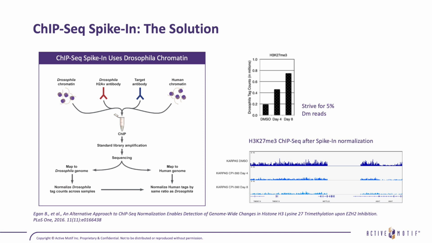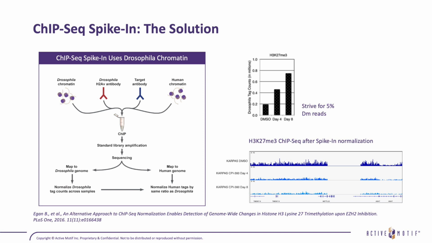And in the same reaction, we add Drosophila chromatin and a Drosophila specific antibody, in this case H2AV, a Drosophila specific variant. Now, in theory, we could have left this antibody out and relied on cross-reactivity of the H3 K27 trimethyl antibody to the Drosophila modifications. But we wanted to make this approach universal, so we chose to add a second antibody.